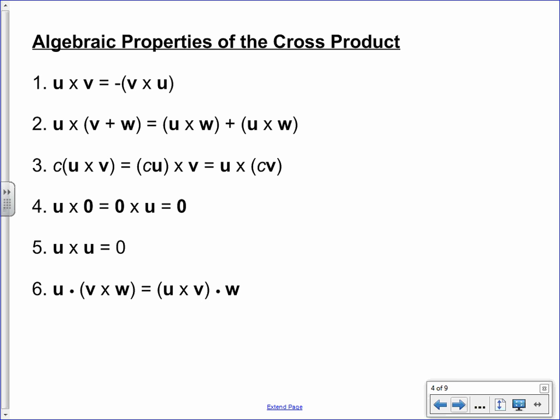If you take the cross product of a vector and the zero vector, you're going to get 0. Every time you do a multiplication, you're going to have 0. U cross U is 0. That's interesting.